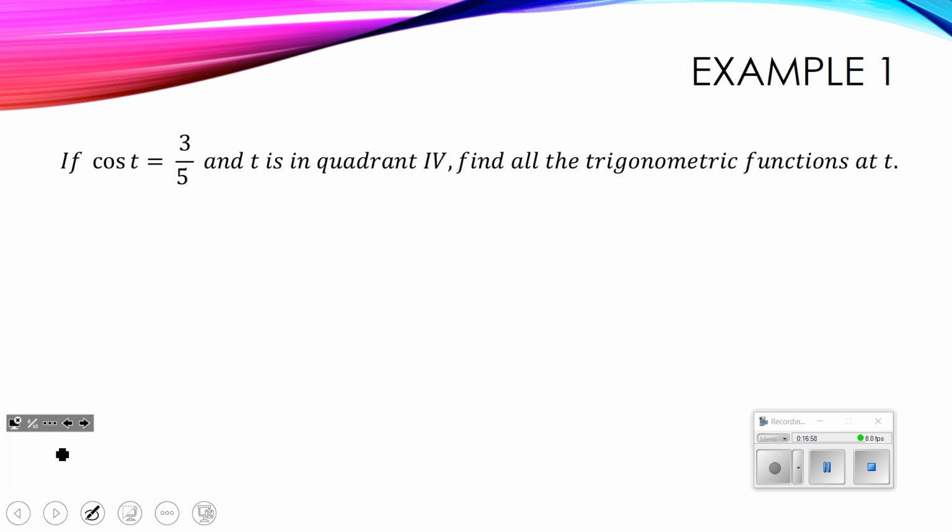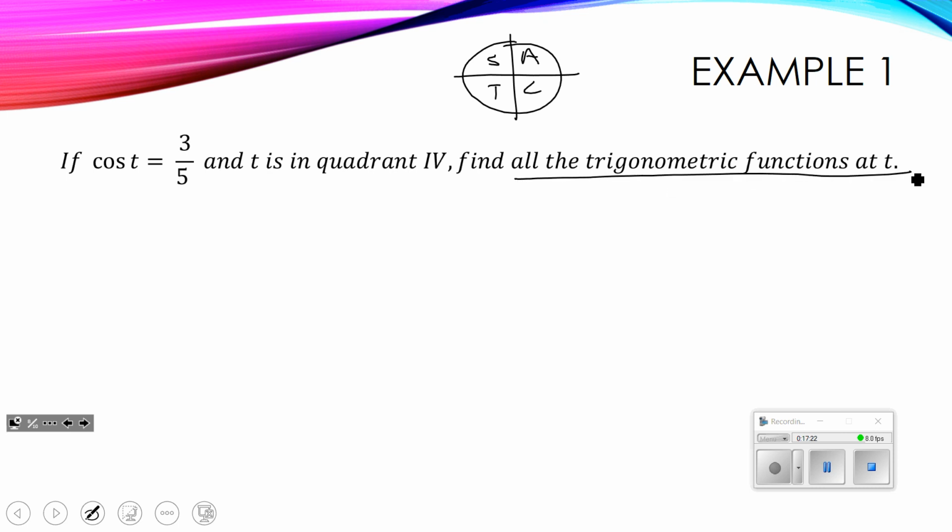So on this problem, I'm giving you a hint that the cosine is 3/5, and I know that my point is in quadrant 4. All students take calculus. And I want to find all the trigonometric functions of t.